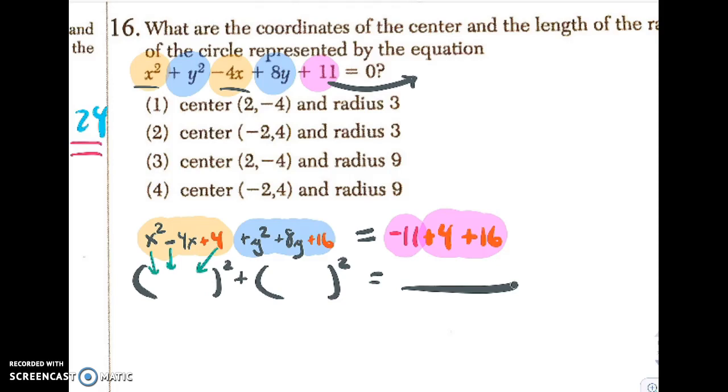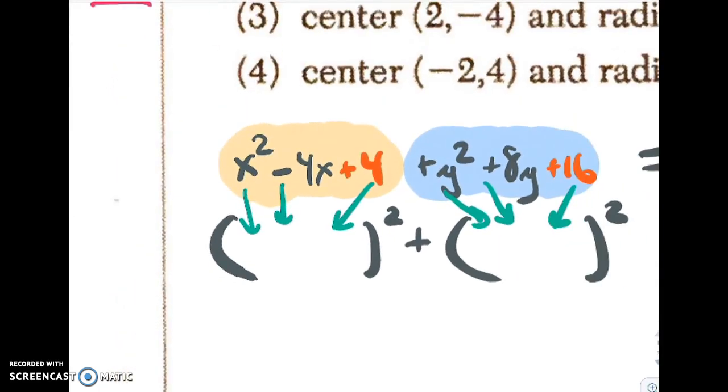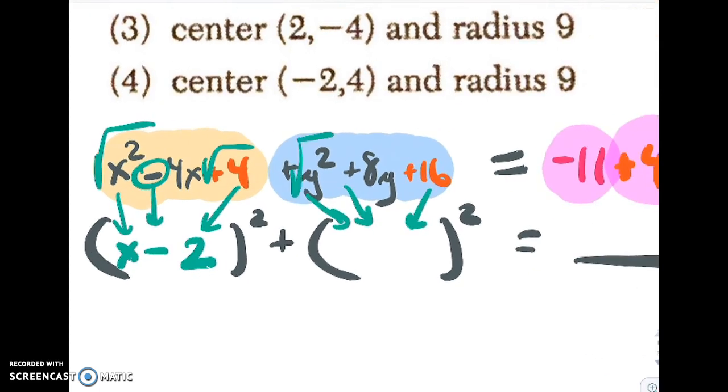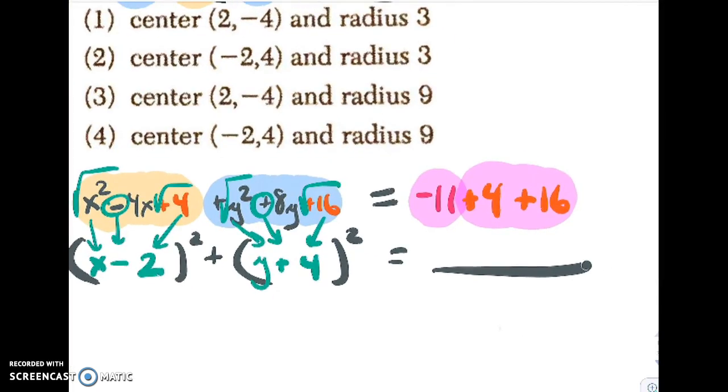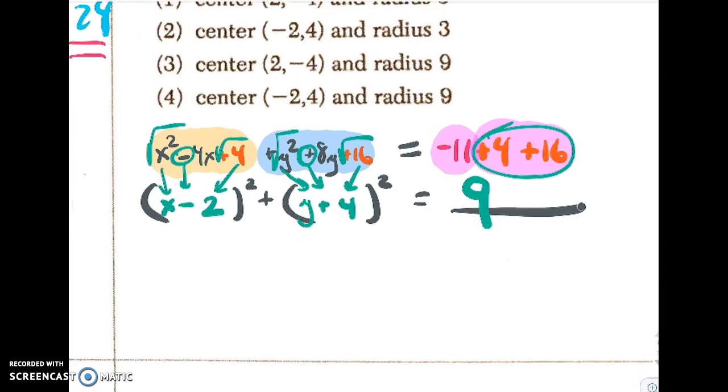I taught it this way to remind you where things come from. The square root of x squared is x. You use this sign. The square root of 4 is 2. The square root of y squared is y. You use that sign. The square root of 16 is 4. We have 20 minus 11 over here, so we have 9 on the right.